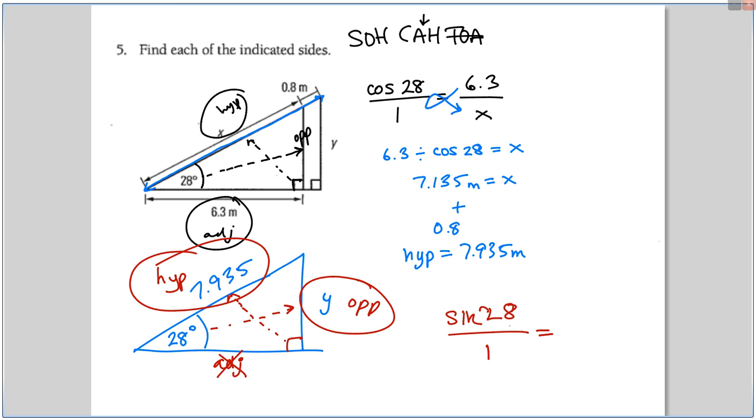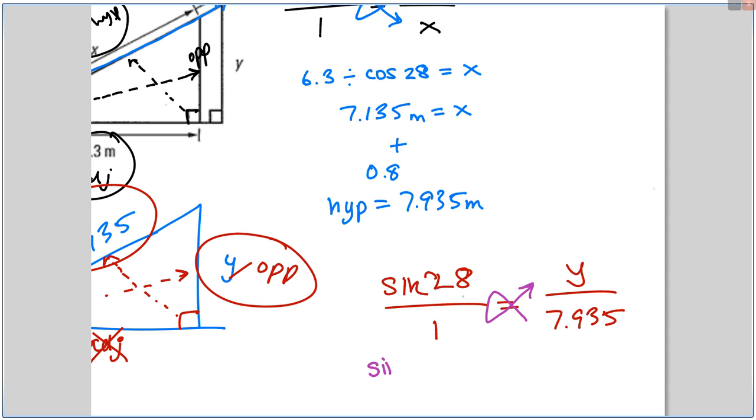Akeelia, what goes in the op? What's got the op label? Good. Y goes on top, and hype is 7.935. How do I cross multiply this one? Divide by 1. So for this one, basically, you just times sine 28 with 7.935.